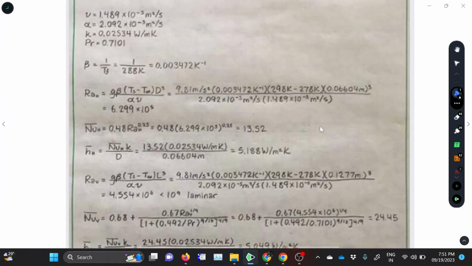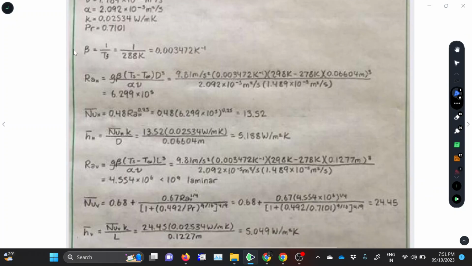So here they found out the, what is it called? I forgot the name of it. The volumetric change with respect to temperature. The beta.